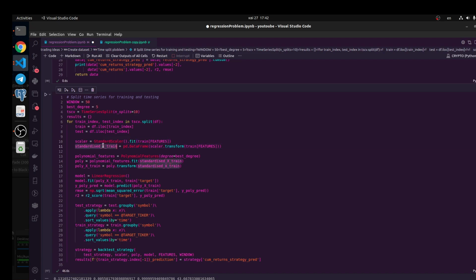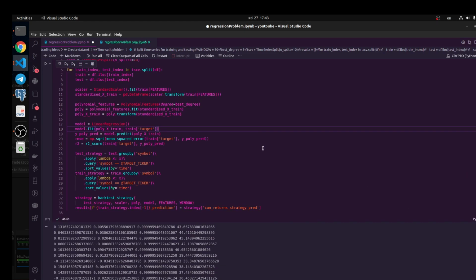We do standardization, we do polynomial features, and we apply this action only to trained data. Next we're going to create our model, and you see this model is linear regression, and we're going to fit this model, and we calculate some RMSE and R squared to estimate our machine learning.